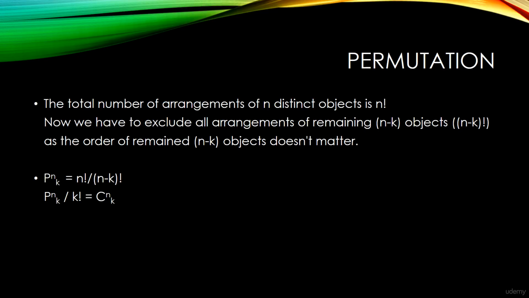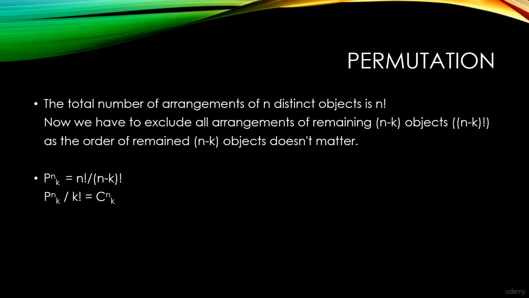Permutation. A permutation is an ordered collection of k objects taken from a set of n distinct objects. The number of ways we can choose k objects out of n distinct objects is denoted as nPk. Knowing how to find the number of arrangements of n distinct objects, we can easily find the formula for permutation. The total number of arrangements of n distinct objects is n factorial.